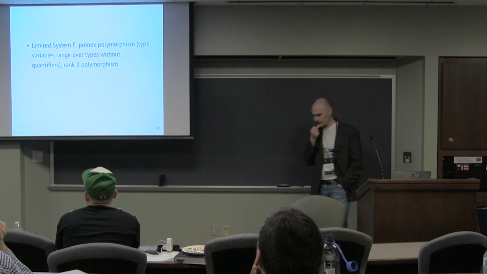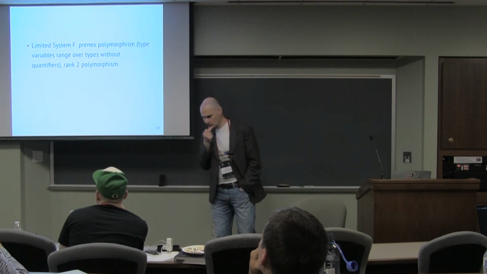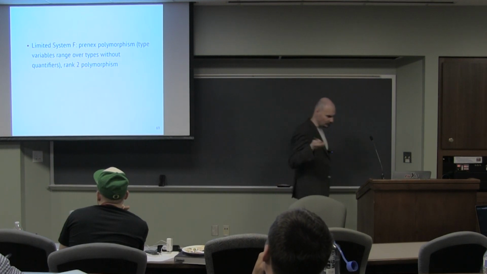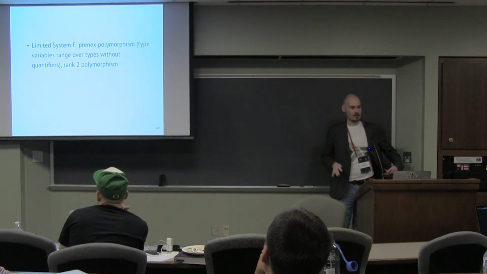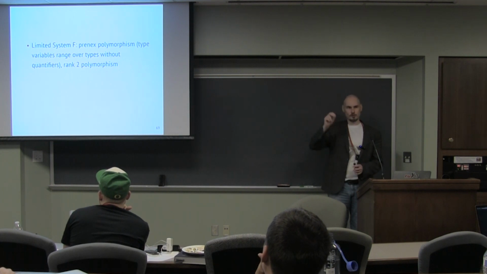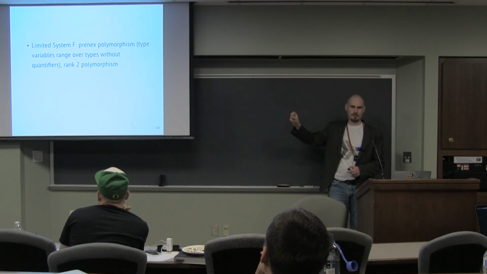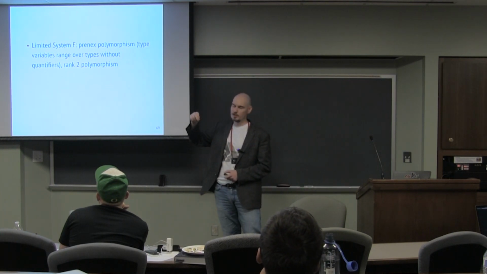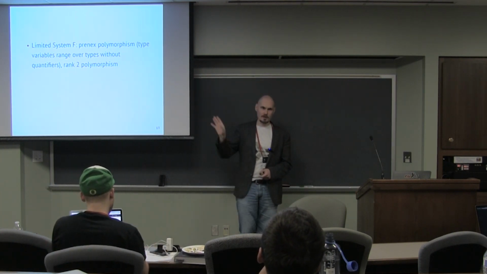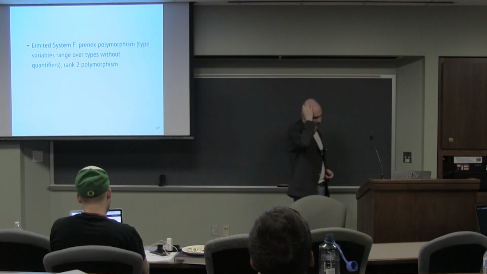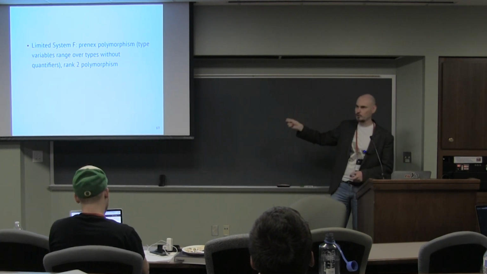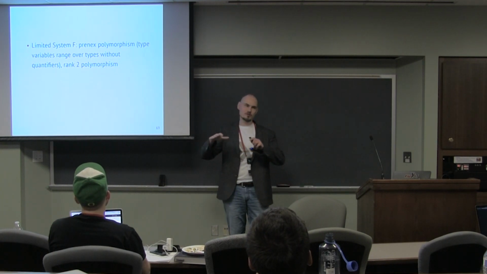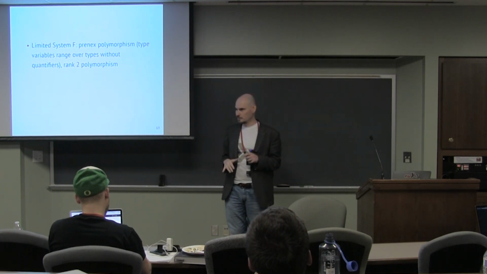That's why normally in programming languages you use some limited system F. So, for example, sometimes you say, well, you cannot use for all for every type. You just limit the set of types where you can use this for all. So in Haskell, they have such extensions like rank 2 polymorphism or rank n polymorphism. These are just trying to do something with these limitations.